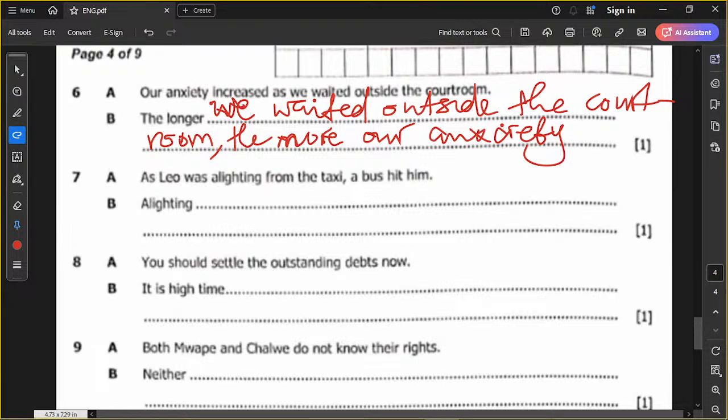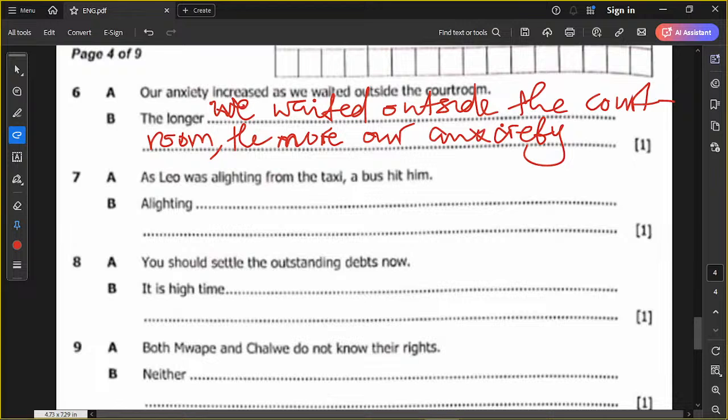Question 7. As Leo was alighting from the taxi, a bus hit him. Okay, so as Leo was alighting from the taxi, a bus hit him. So we start with alighting.